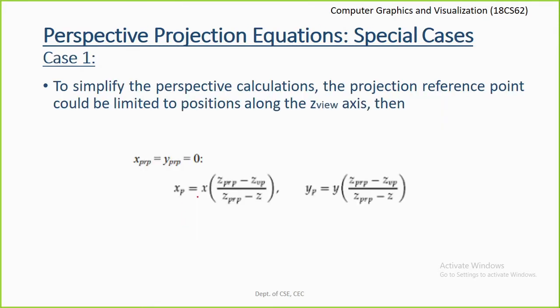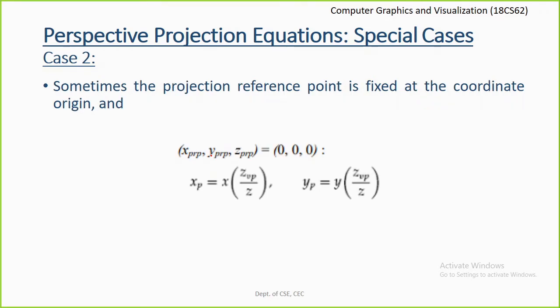So xp is given as x into zprp minus zvp divided by zprp minus z, and yp is given as y into zprp minus zvp divided by zprp minus z. So this is the first case where the x and y coordinates of the projection reference point will be equal to 0, that is, the case where the projection reference point is limited to the position along the z view axis. That is the first case.